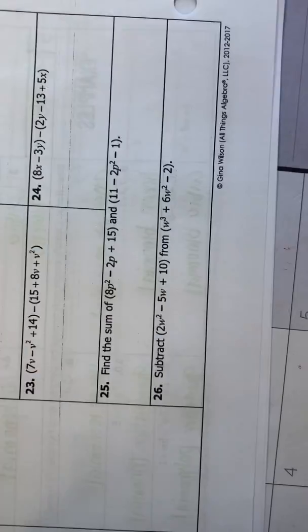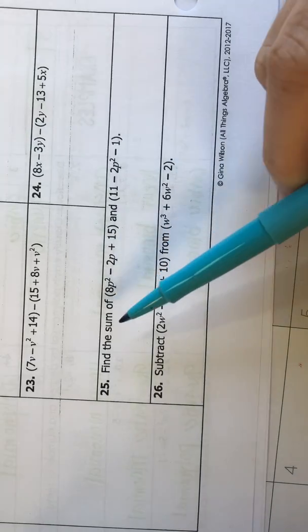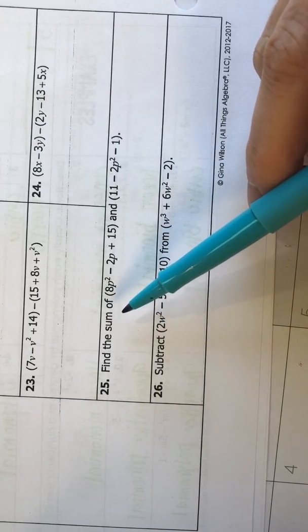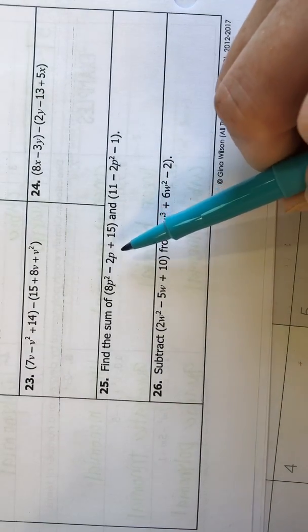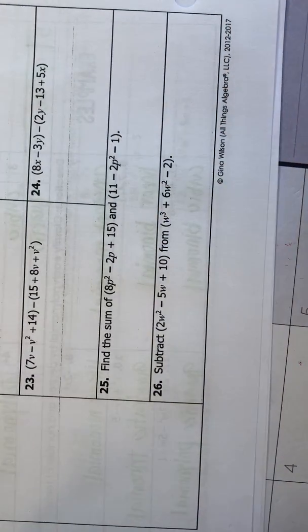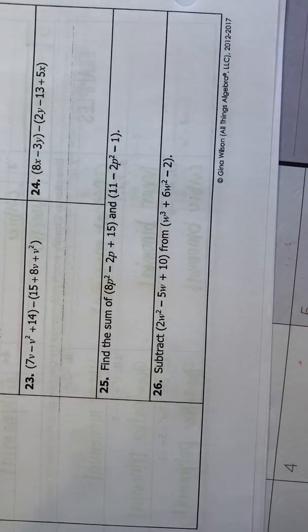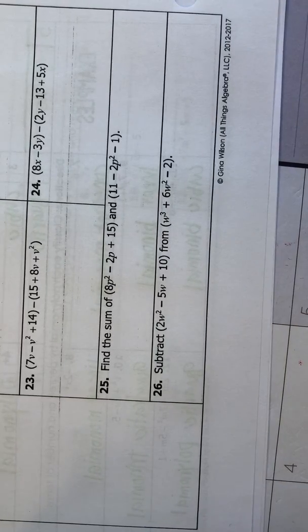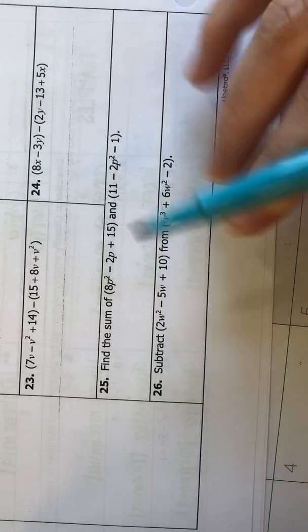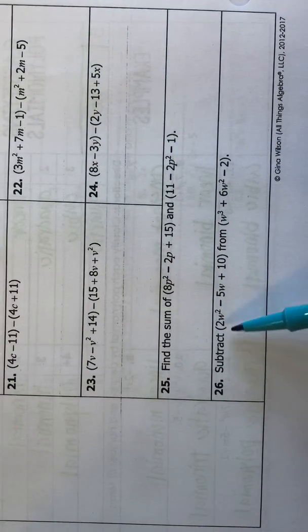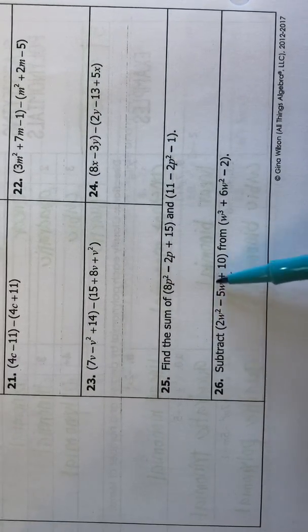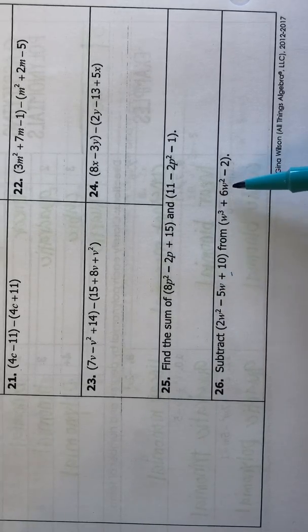Let's jump down very quickly, and I want to look at number 25 and number 26. When I say find the sum, I'm asking you to add the pieces together. Addition, the order does not matter, so you can just write it with a plus sign and go to town. But order matters very much so with subtraction. It tells me to subtract this polynomial from this polynomial.